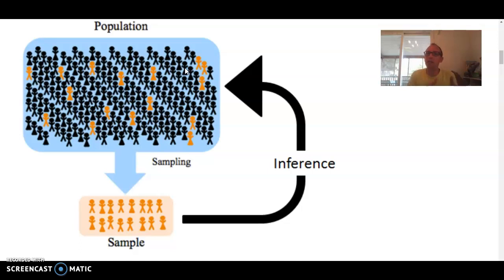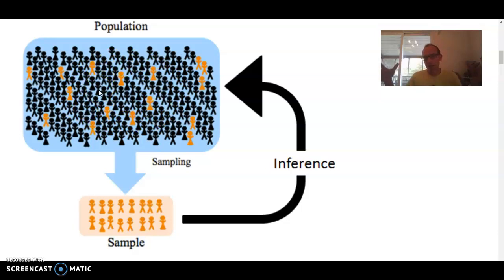Whatever that population of interest is, in many cases, we simply can't collect data on every person in that population. And so we take a sample. We take a small group of the population, conduct a little test or survey or study on this small sample, and then whatever results we get, we use statistics to estimate what we would expect to be true about the population.